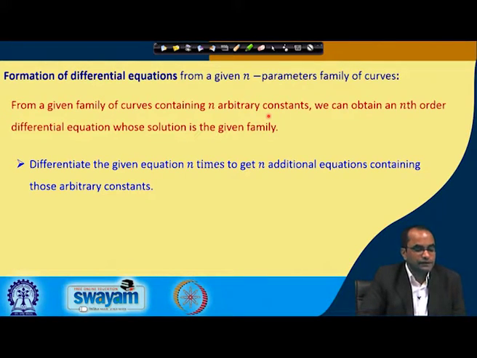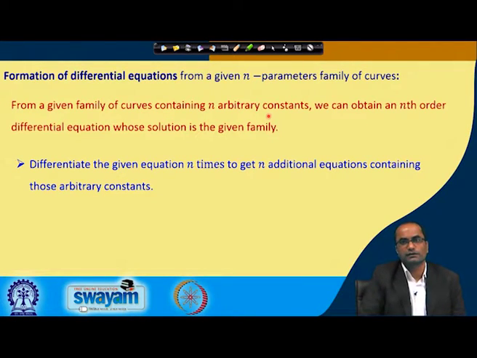So, differentiate the given equation n times and we get n additional equations. There was a given n parameter family equation, and we keep differentiating it. So, we get n more equations when we differentiate n times, and out of these n plus 1 total equations, we eliminate the constants or parameters.